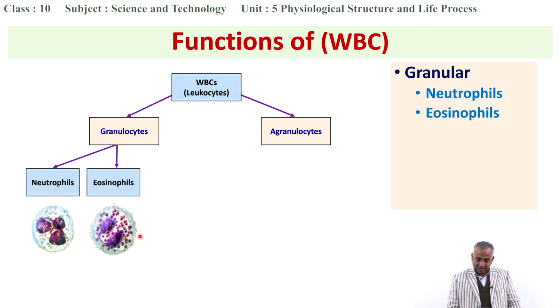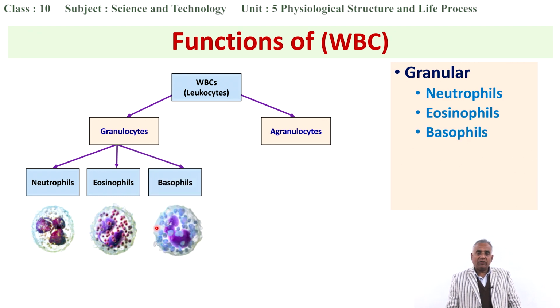Later I will give you more. Here basophil. They also have lobed nuclei and granules, but the number of lobes is different, which determines their types.